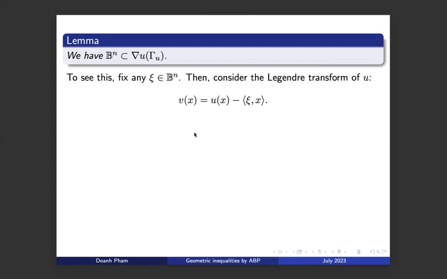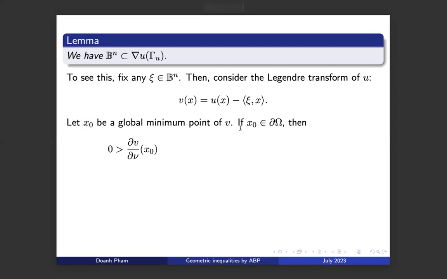Then similar to the ABP maximum principle, we consider the Legendre transform V. Let X0 be a global minimum point of V. If X0 is on the boundary, then the normal derivative of V has to be non-positive.